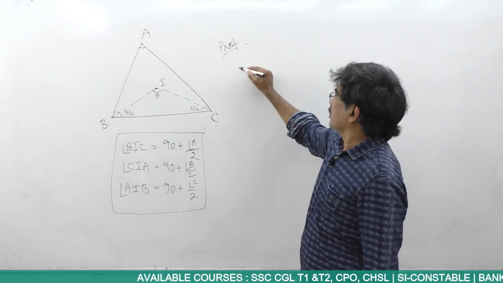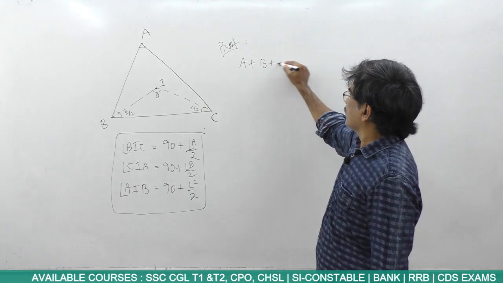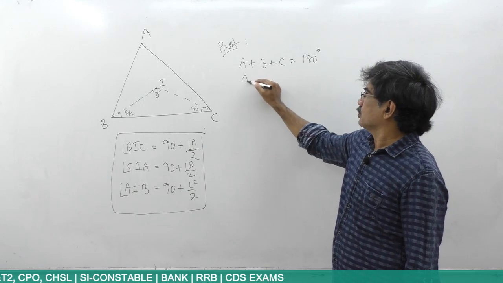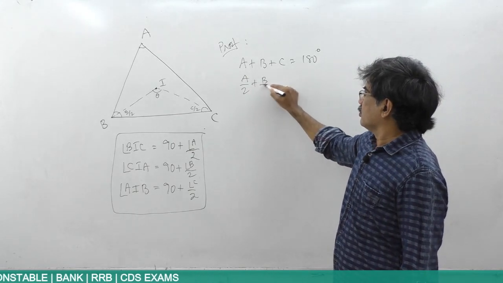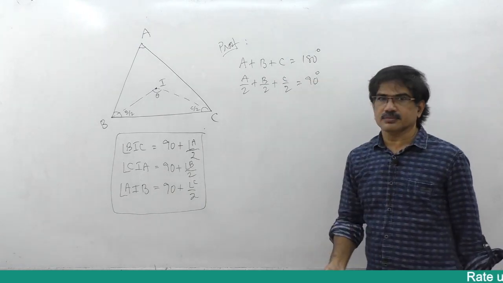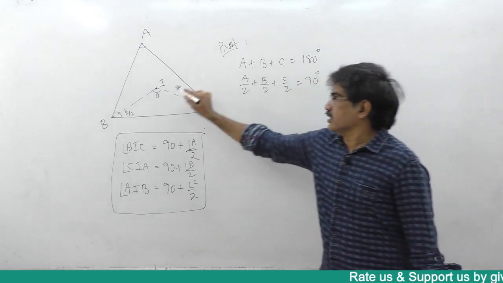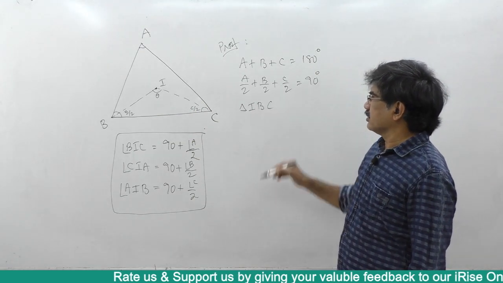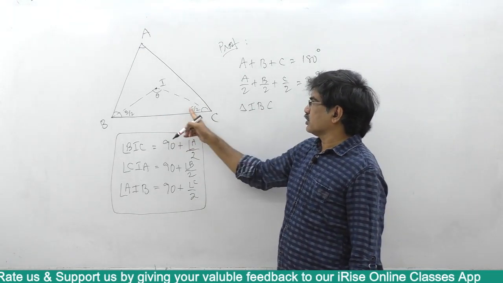In triangle ABC, the sum of the angles A plus B plus C is equal to 180 degrees. Divide by 2. A by 2 plus B by 2 plus C by 2 is equal to 90 degrees. In this triangle IBC, this is B by 2, C by 2, theta.